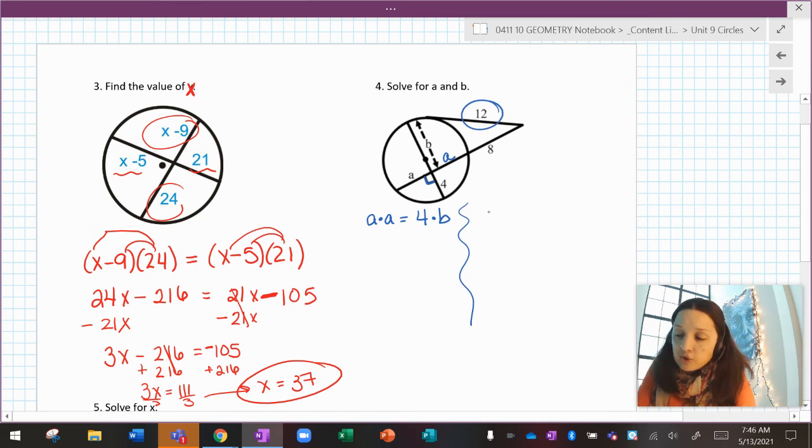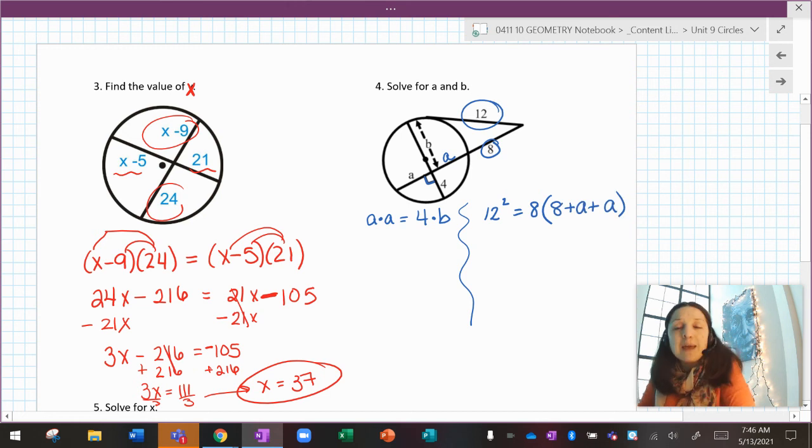The 12 is a tangent, so that would be the tangent squared equals the outside times the whole thing, which would be 8 plus A plus A, or 8 plus 2A. That I can solve. So I have 144 equals 8 times (8 plus 2A).